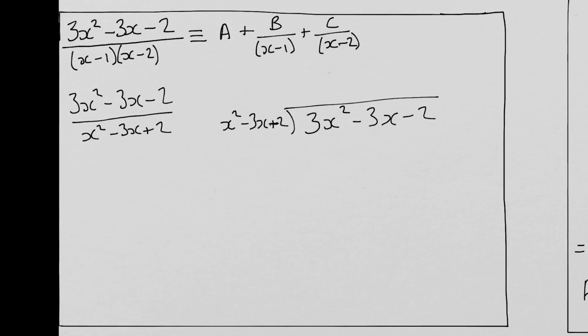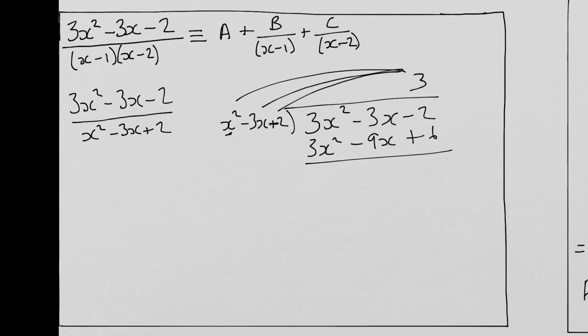So what do I need to multiply x by to give me 3x squared? That's just going to be the number 3. So 3x squared, multiplying that, minus 9x, and then the 2 times by the 3 is plus 6. So overall we're going to get minus 3 minus a minus 9, which leaves us with a positive 6x. Minus 2 take away 6, which is going to give us minus 8.